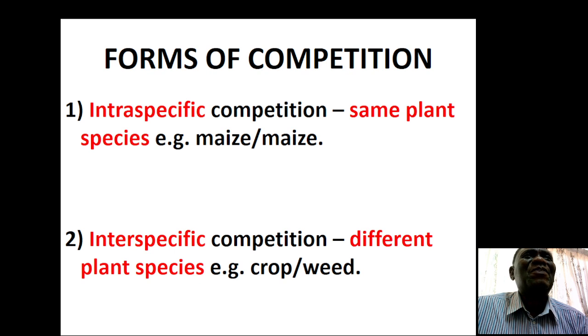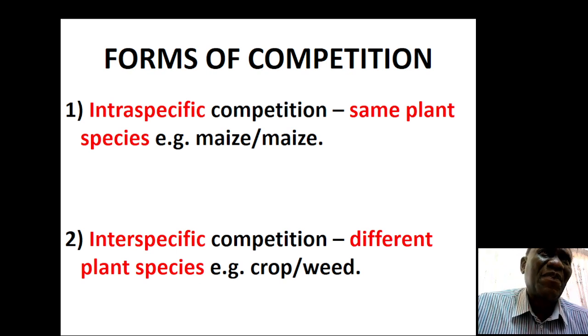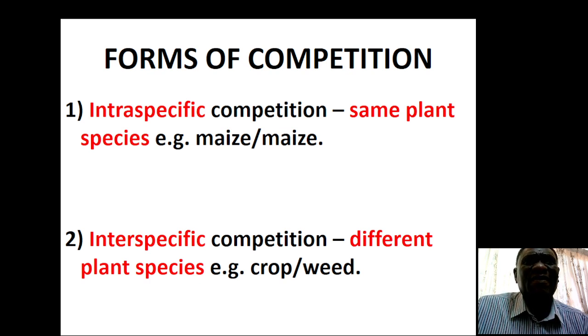This is intra-specific competition. Then you have inter-specific competition where you have different plant species. Here we have got crop and weed. We could be having maize and Leucaena indica. Usually this is the type of competition which we talk about, inter-specific competition.